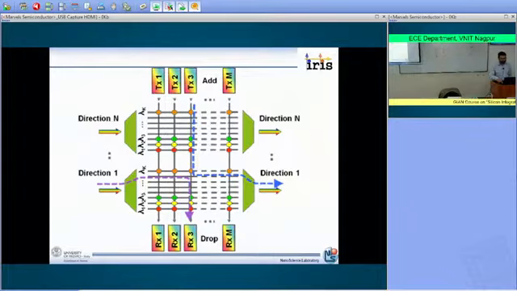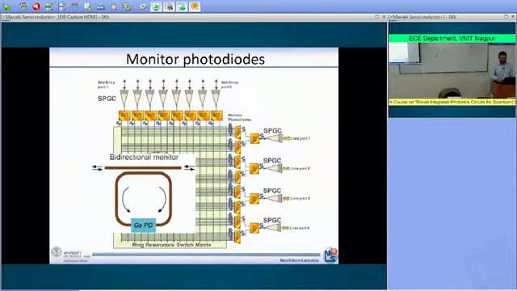Then what we have also implemented in the circuit were the monitor photodiodes. Clearly you want to know what is happening on your circuit. Therefore, you have to implement monitor photodiodes that tell you how much power is reaching there and how much power is going in the other direction. So we used this kind of configuration for the monitor photodiode.